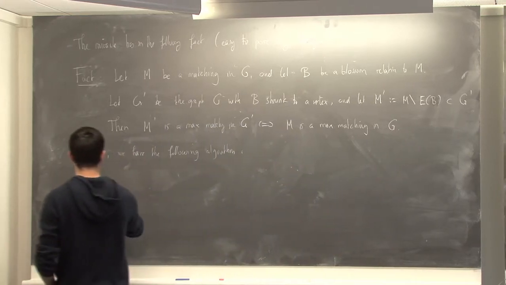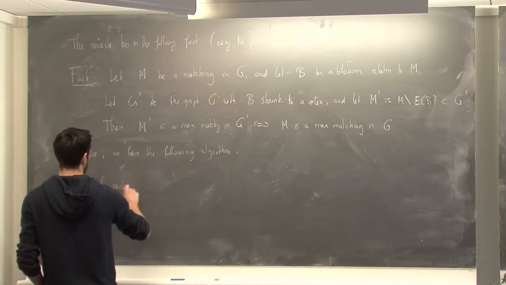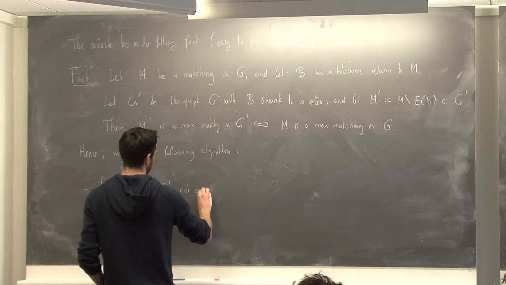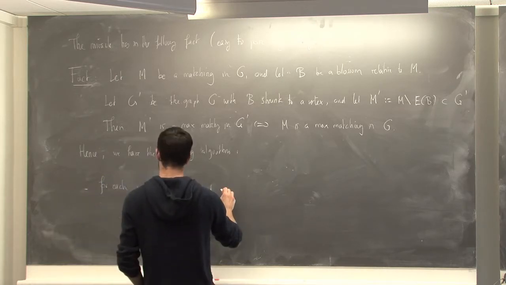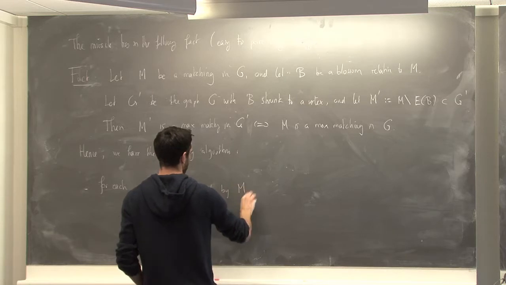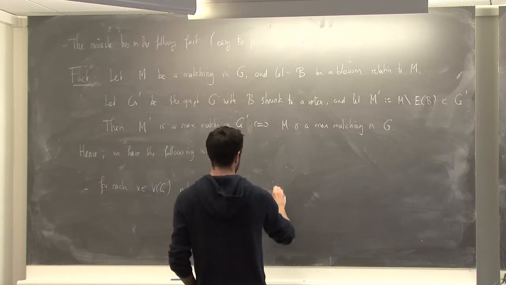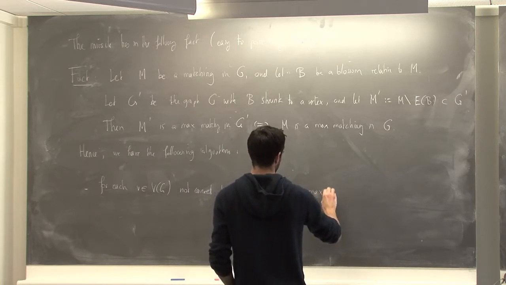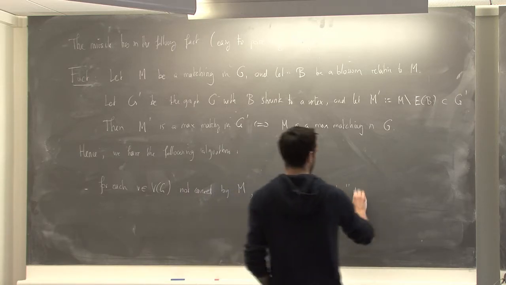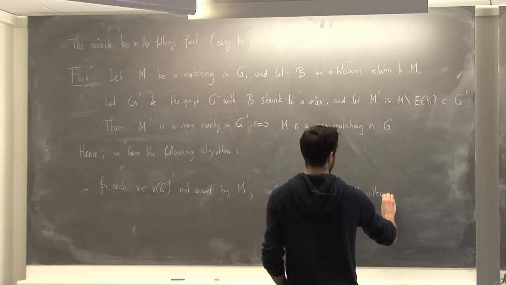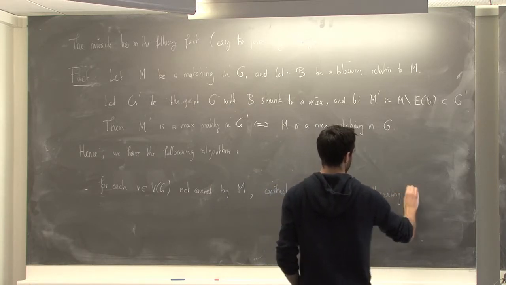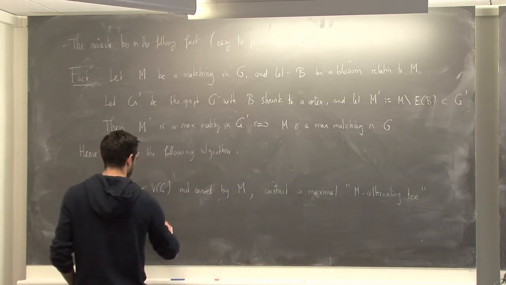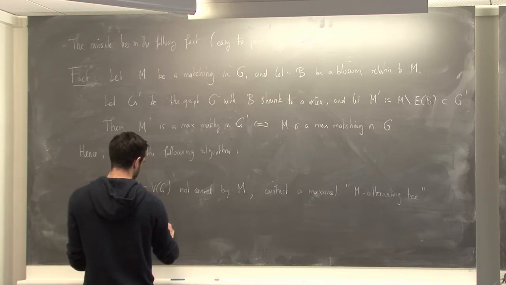So for each vertex V not covered by M, construct a maximal so-called M alternating tree. So something like what we had before, simply we don't have a bipartite structure anymore.